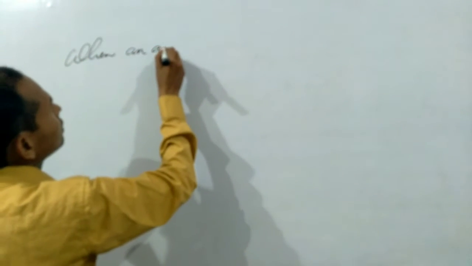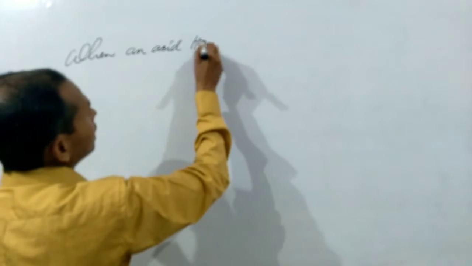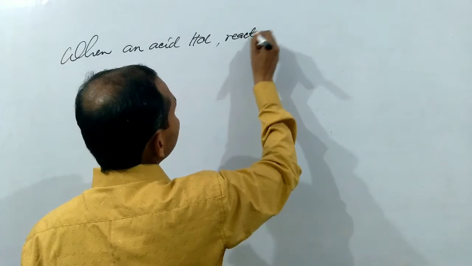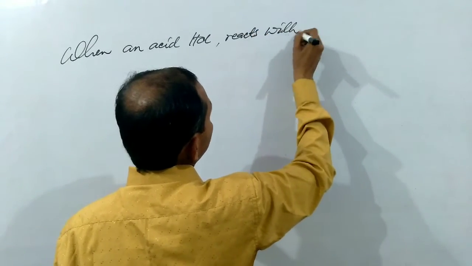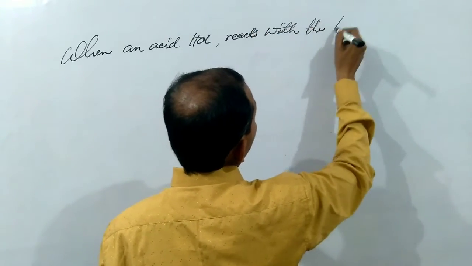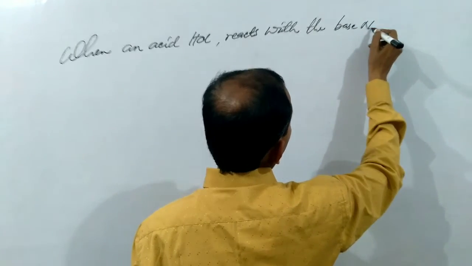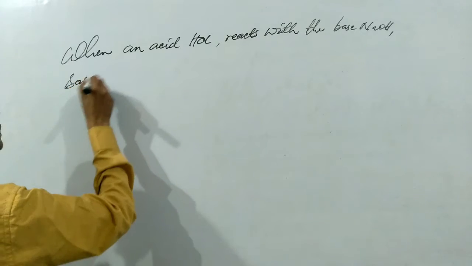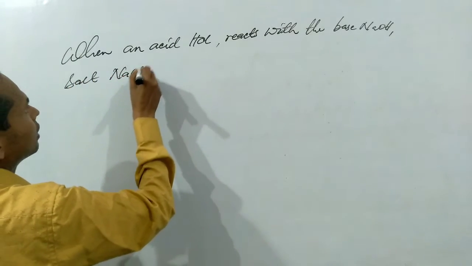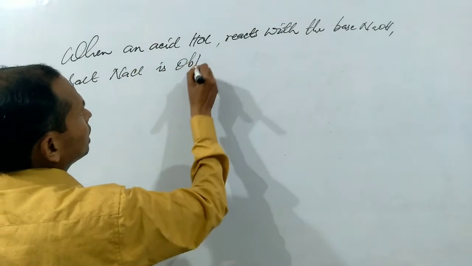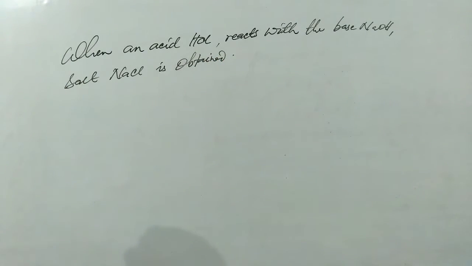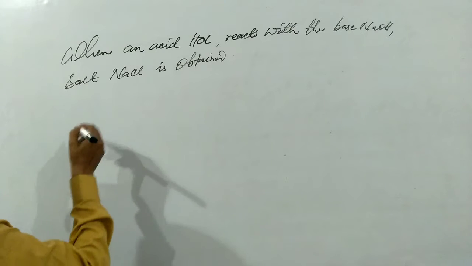When an acid, HCl, reacts with the base NaOH, the salt NaCl is obtained. We can write the reaction for this statement.